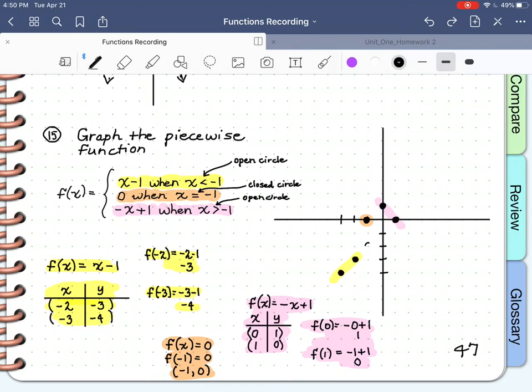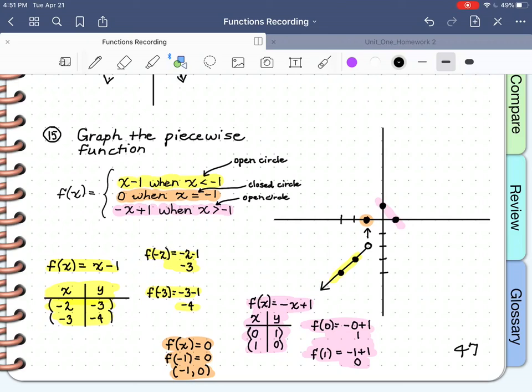Oh, yeah, right there. Because I want this to be a line, I'm just going to open that circle at this -1 point. X is -1. And then I'm going to draw my function in there, which is a straight line. Okay, it has a positive slope. That's consistent with our function.